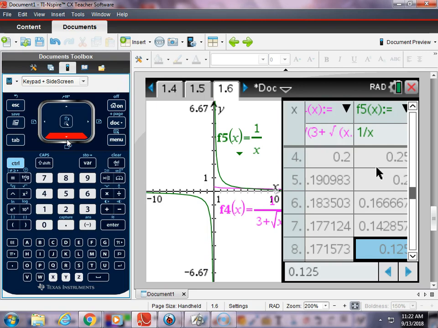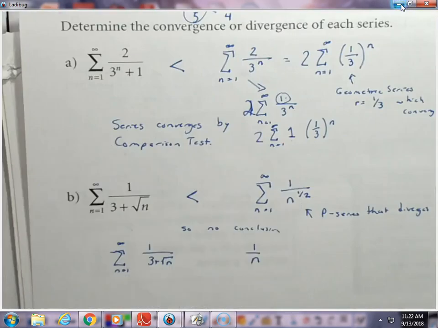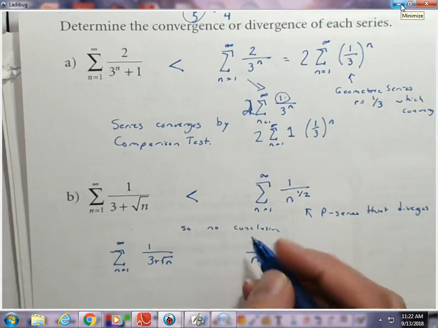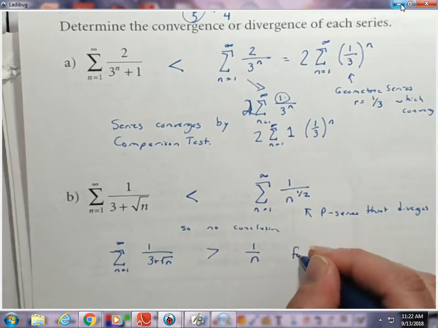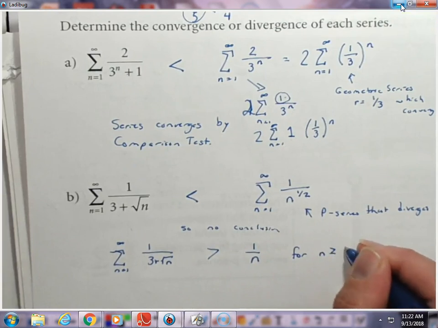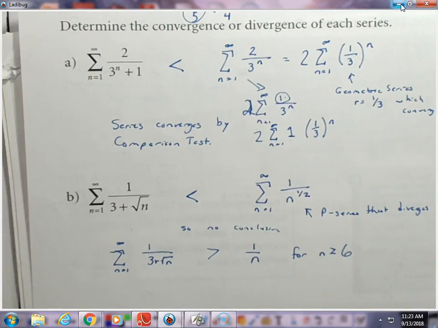So that's what I'm going to do here. And is 1 over x typically the thing that you would use in this situation? You're always going to be comparing to something you know, which is always going to be either a p-series or a geometric series.